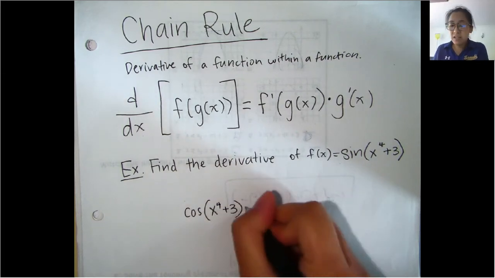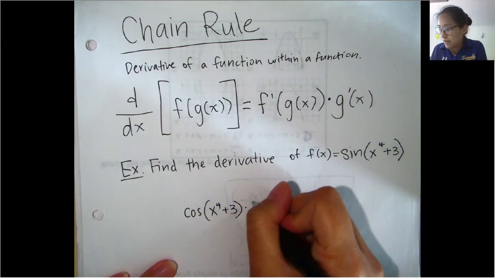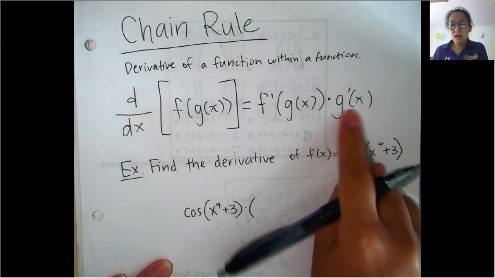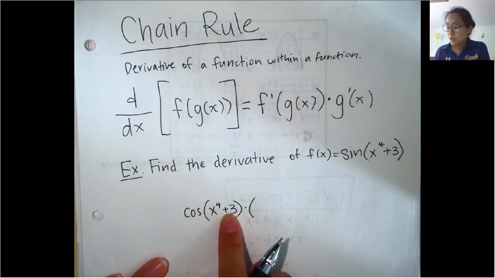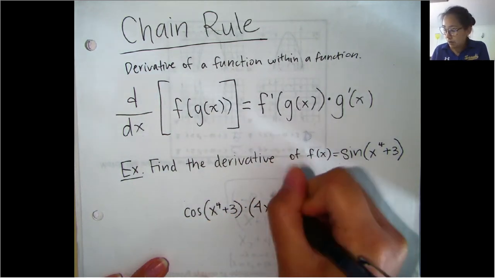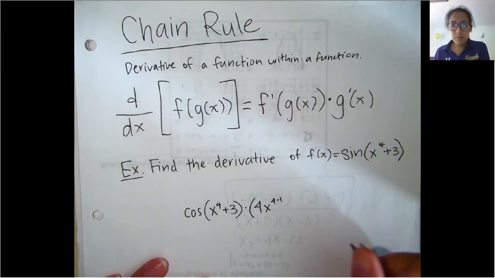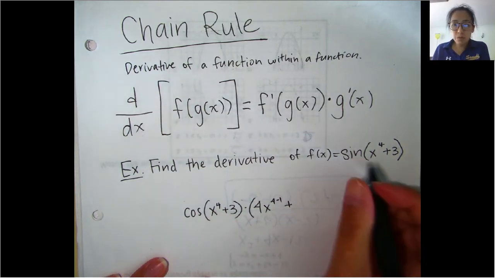And if you ever leave some inside function as is, you have to multiply by the derivative of it. So times the derivative of g of x, so the derivative of x to the fourth plus 3. Well, the derivative of x to the fourth is 4x to the power of 4 minus 1, because you subtract 1 from the power. And then plus the derivative of 3. What's the derivative of 3?